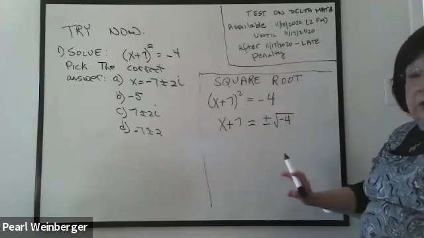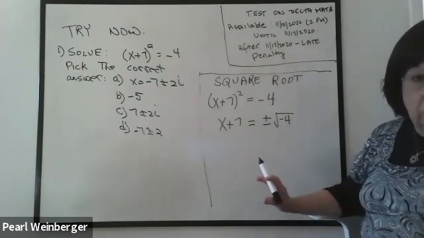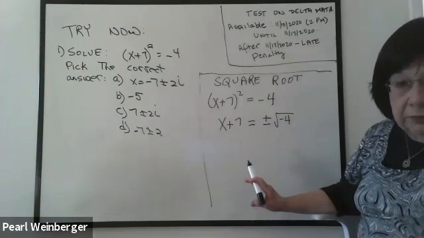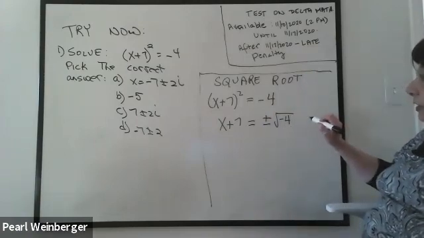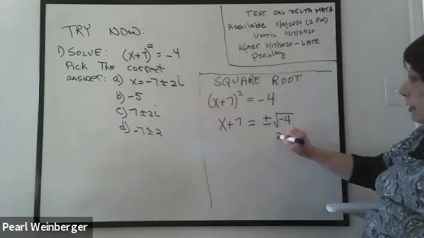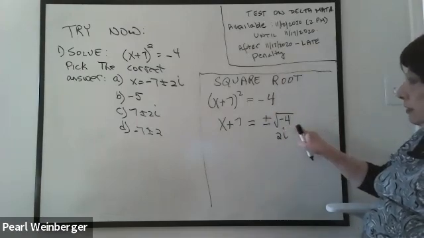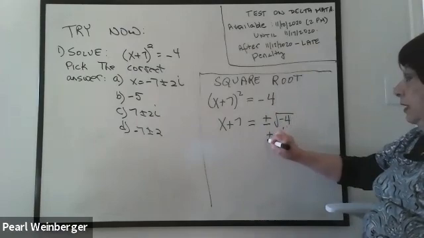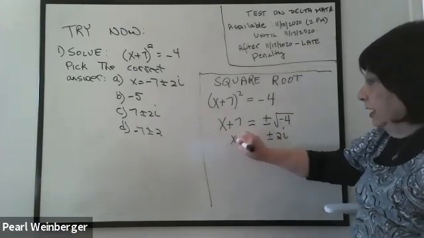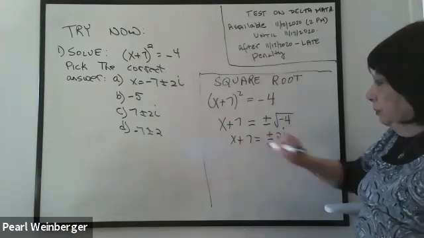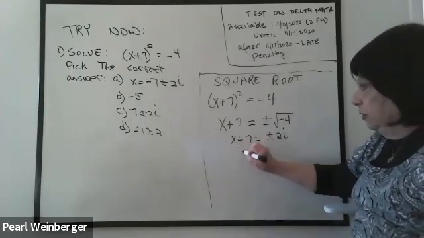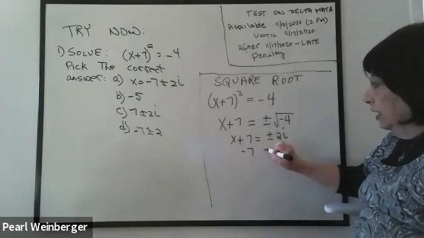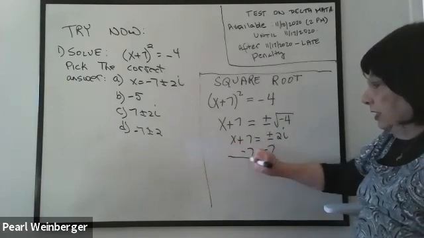And after this, it's all just simplifying. We know that the square root of -4 is 2i. The negative makes it an i, so this becomes plus or minus 2i. So we get x plus 7 equals plus or minus 2i. But I want to get what x is, so I have to bring the 7 to the other side. So I have to subtract the 7.